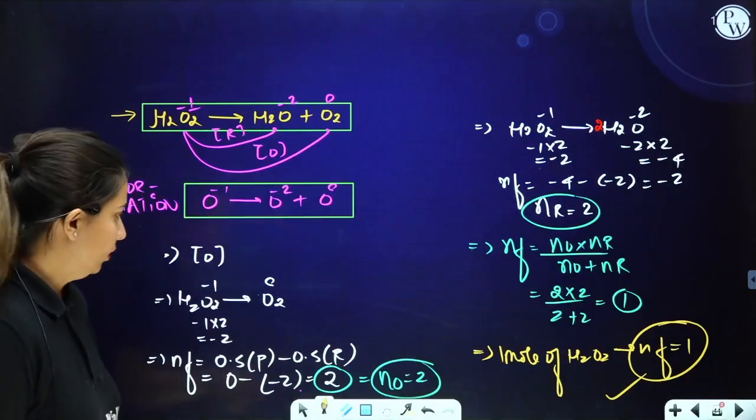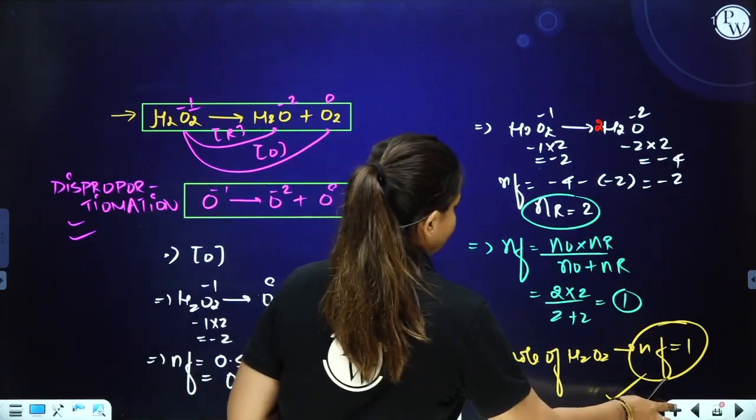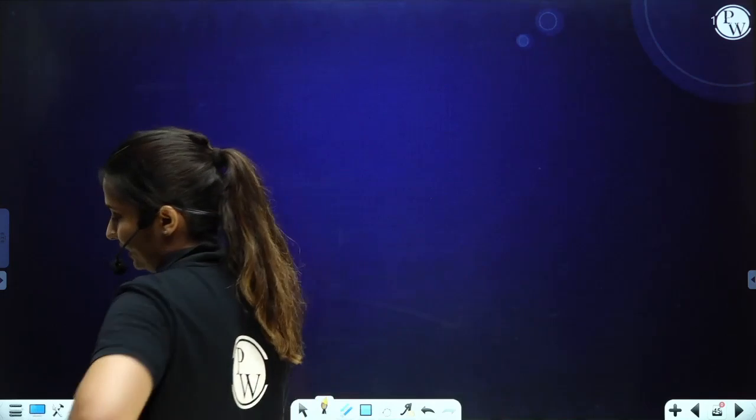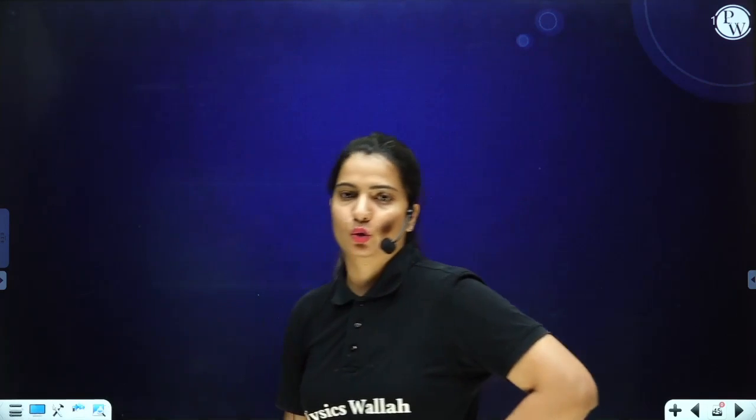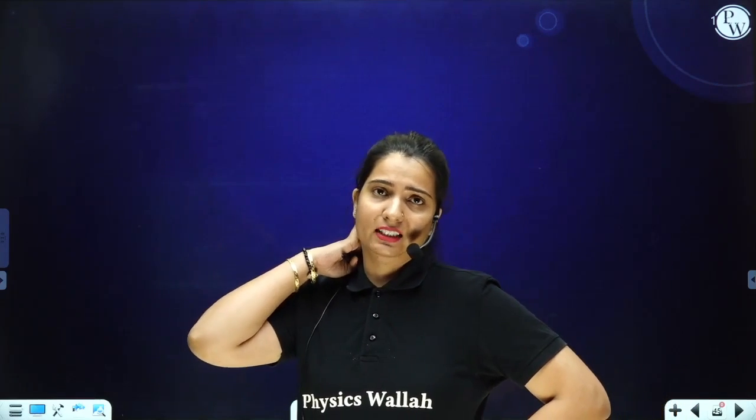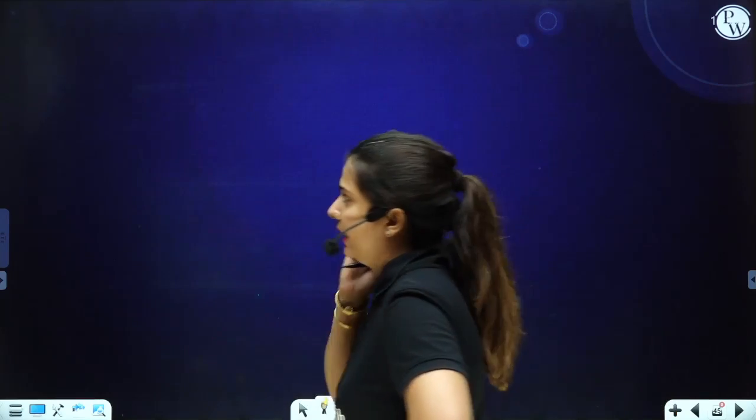Let's move forward now. Now the other thing associated with H2O2 is its redox reaction. Now we have to discuss how this H2O2 behaves as an oxidizing agent or as a reducing agent. Okay, let's discuss that.